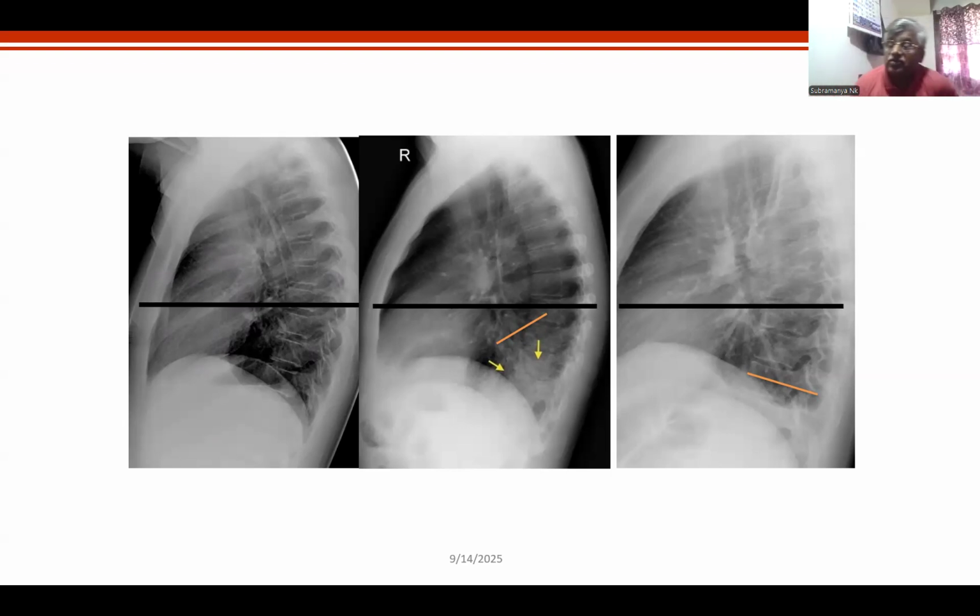I was trying to tell you that I'm going to tell you more about hilum and other things. Now look at this spine from above downwards. It is dense, radiodense, radiodense, radiodense, then radiolucent, radiolucent, radiolucent.